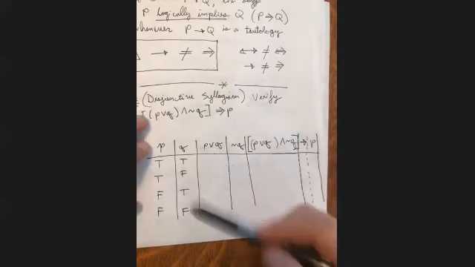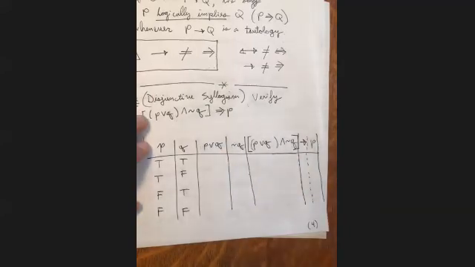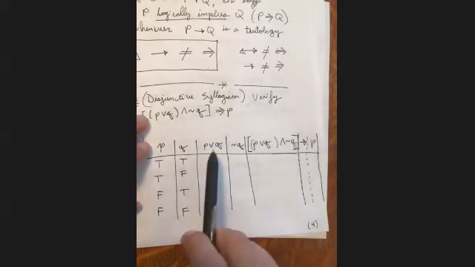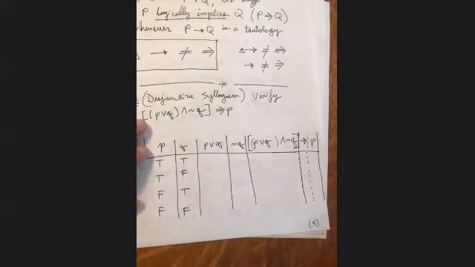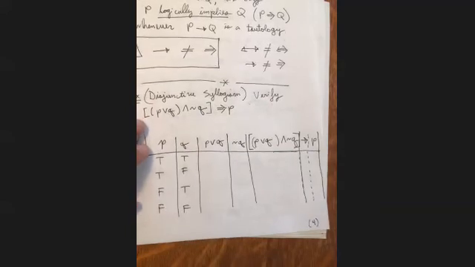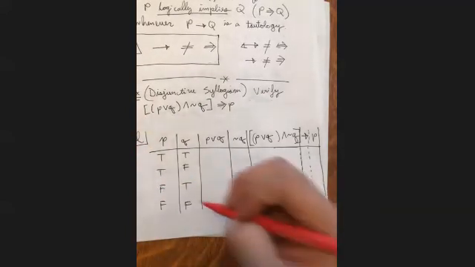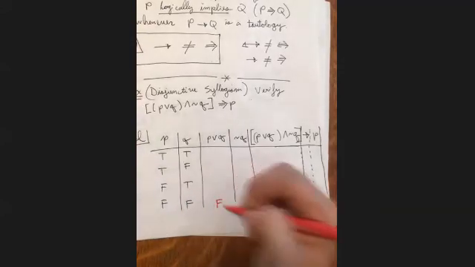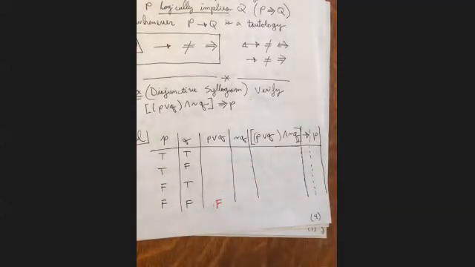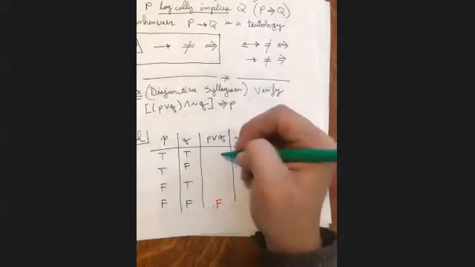All right, let's do it. P or Q. So P or Q is true as long as one or the other is true. We just need one true. So it's only false when they're both false. So we can see there's only one case where they're both false. Otherwise, everything is true.